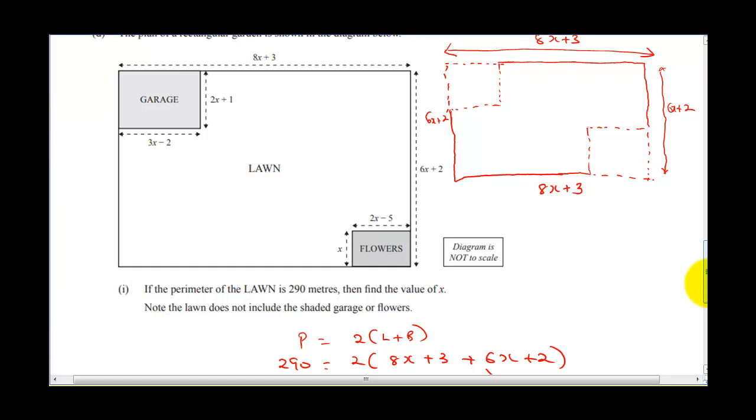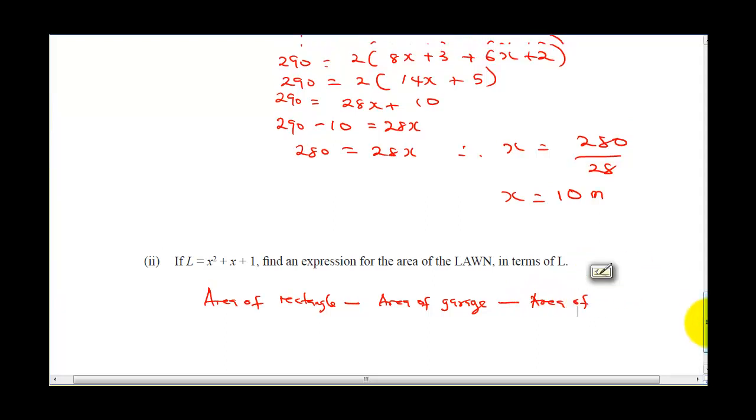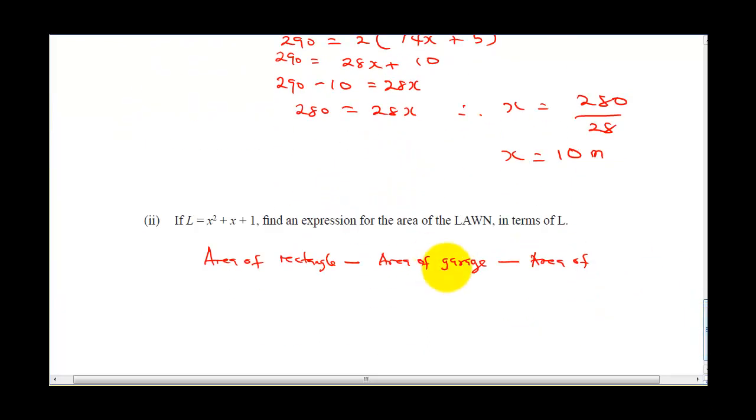If this is the full rectangle, in order to get the area of the lawn, we're going to say area of rectangle subtract area of garage, and we'll also subtract the area of the flowers.